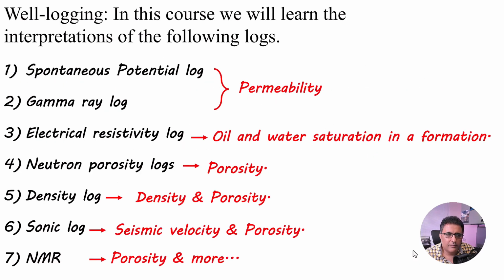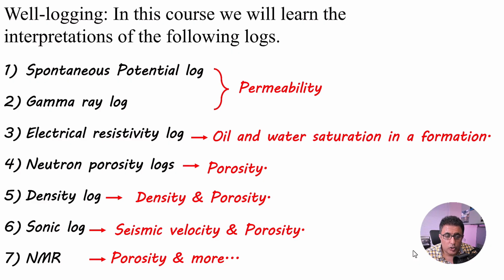So here is what you're going to learn in this course. The first thing you're going to learn is the spontaneous potential log, or SP log, which is used to identify permeable from impermeable layers. Then you're going to learn about the gamma ray log, again used to identify permeable layers.